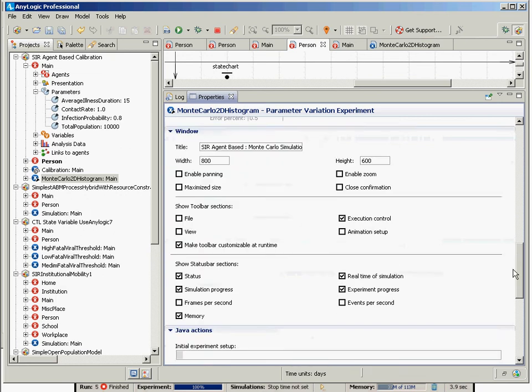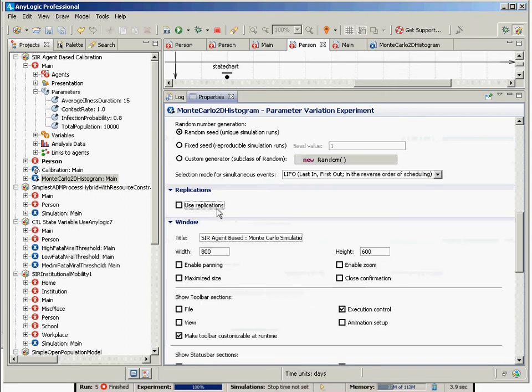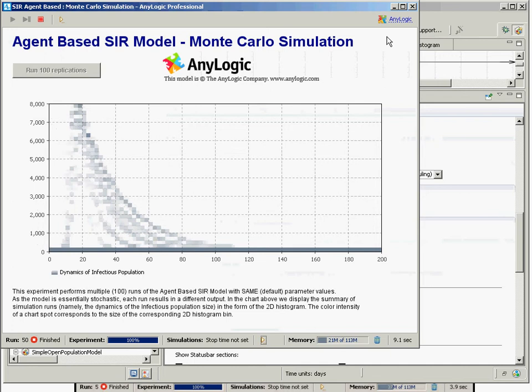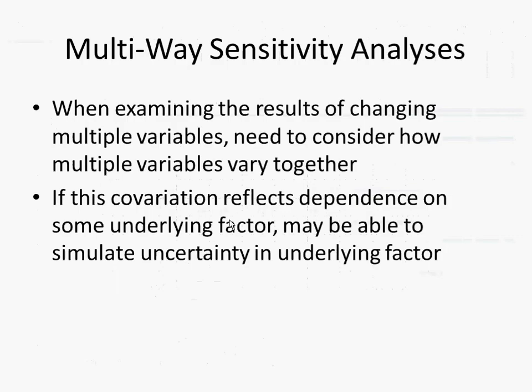Any questions? Okay. So I'd like to turn off replications here just to simplify our reasoning for the next step. I'm now going to perform a multi-way sensitivity analysis. So here we're going to change several values together. And the reflection here is that there may be some interactions going on between different parameter values.